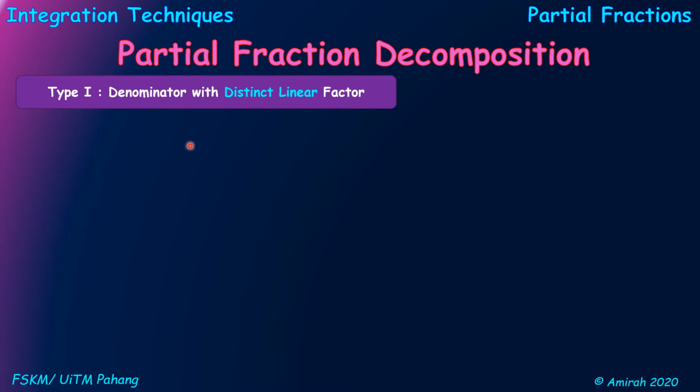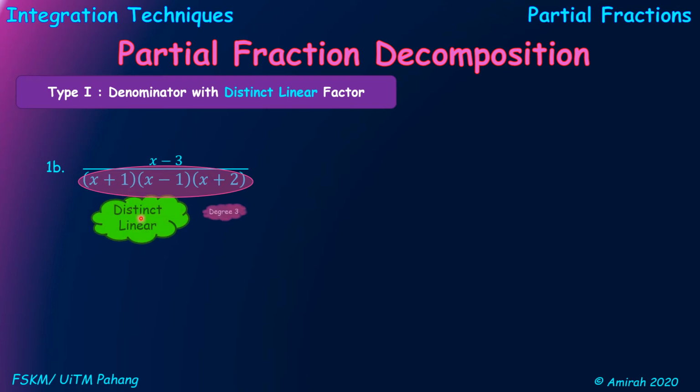Alright, still under denominator with distinct linear factor type 1. Okay, now we continue with 1b. Okay, we have fraction x minus 3 over x plus 1, x minus 1, x plus 2. Alright, from denominator we have 3 multiplication of distinct linear factors.